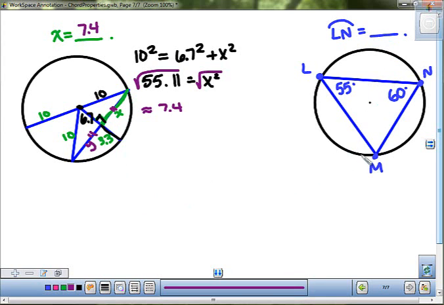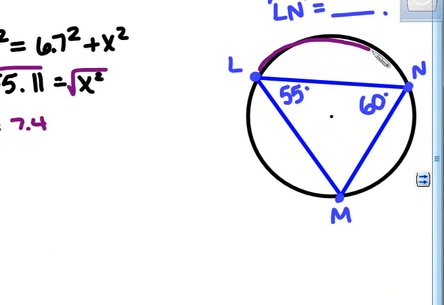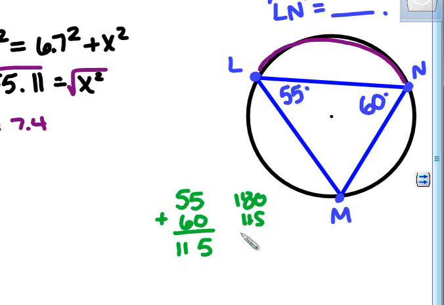In the second example, they're asking for the measure of arc LN. That's this arc here. We have an inscribed triangle here. We can find this third angle because we know the three angles in a triangle should add to 180. So you add what you know and subtract from 180.